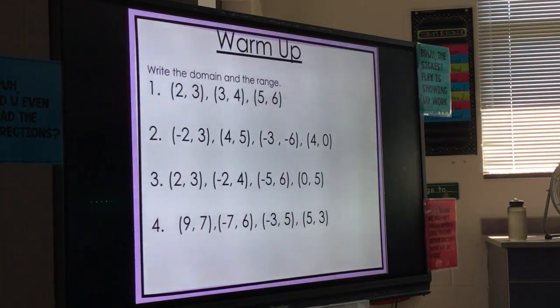All the ones that are the range. Also, these are my X's, these are my Y's. So what are the ones that are the Y's? Joseph? 3, 4, and 6. That's all you're doing for these. That's it. So you're simply writing the ones that are the X's together, the ones that are the Y's together.